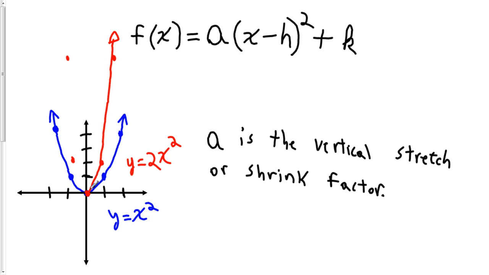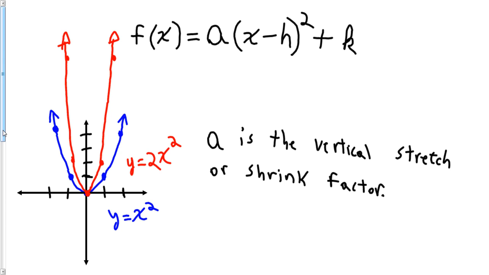So I know that my U is now just a taller, skinnier U, but it's still a parabola, still the shape of a U. So you see, a factor in front of the function will stretch the function out, making it taller and skinnier if that number a is greater than 1, and it'll make it shorter and fatter if that number a is between 0 and 1.